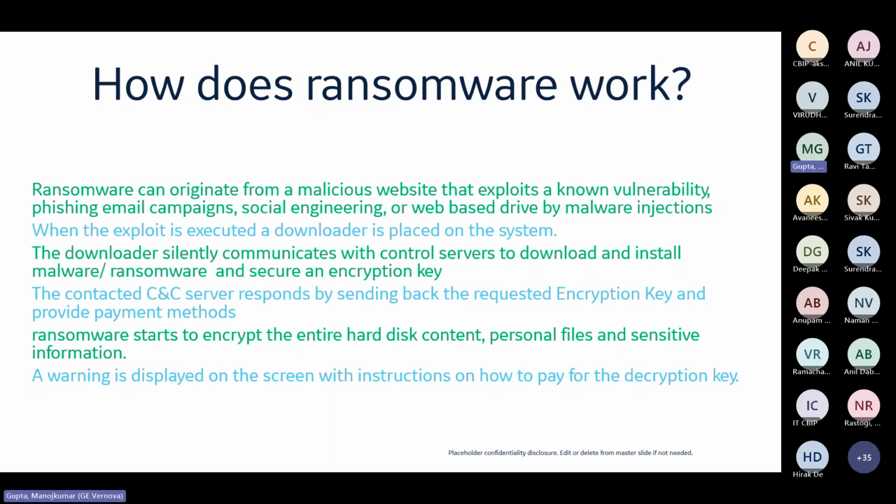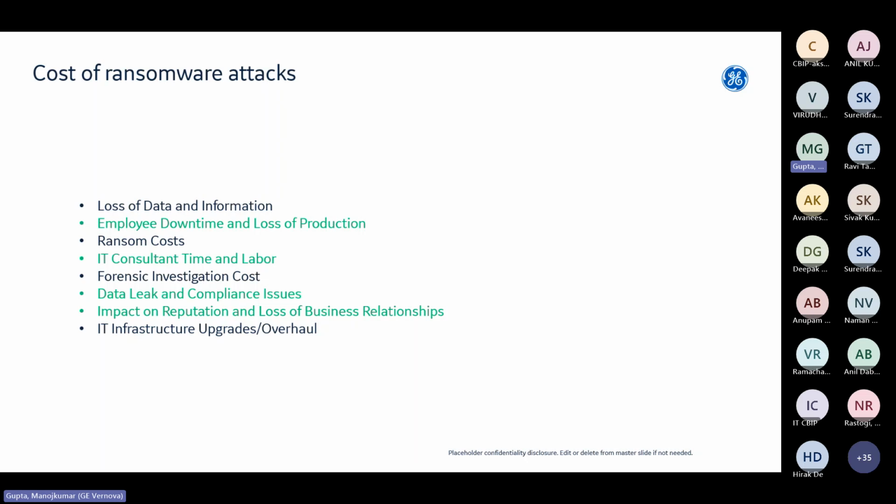That downloader installs the malware in your system. The malware connects to the command and control server, which may be anywhere across the world, and that server encrypts the data files on your system. To decrypt the data files, they ask for an amount. This is called ransomware, and this is how ransomware works.